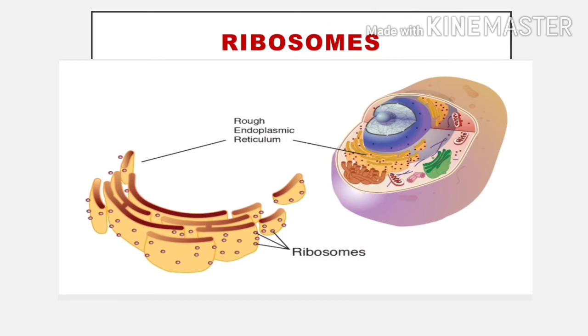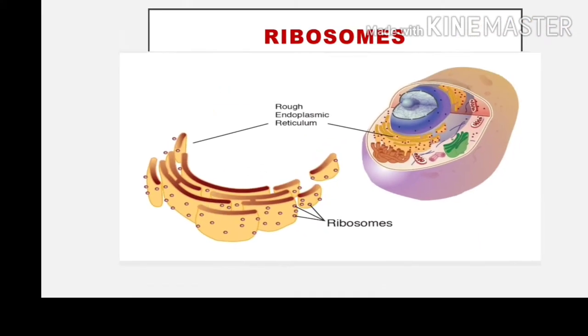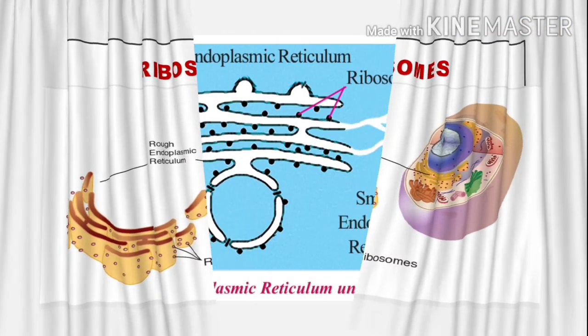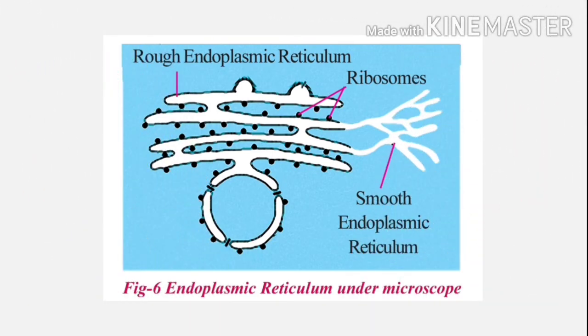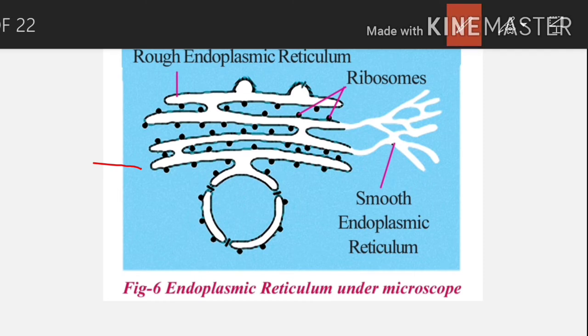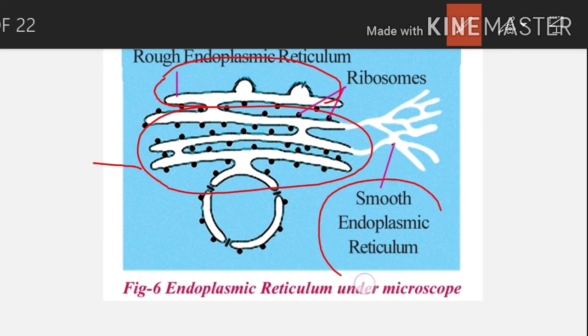For better understanding, we divide the endoplasmic reticulum into two parts. The part present near the nucleus is called the rough endoplasmic reticulum. The part towards the cell membrane is called the smooth endoplasmic reticulum.